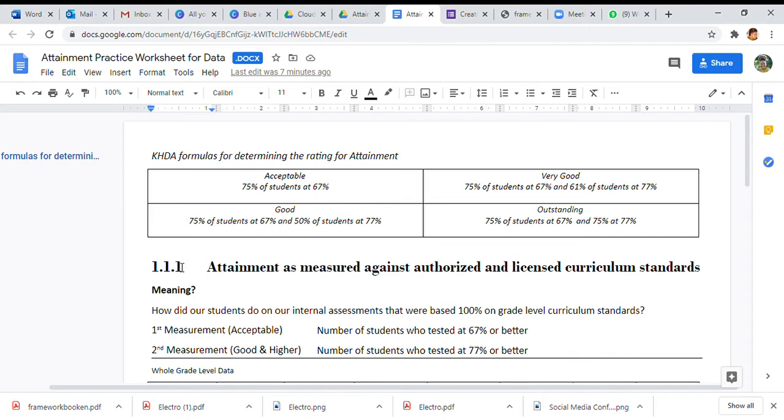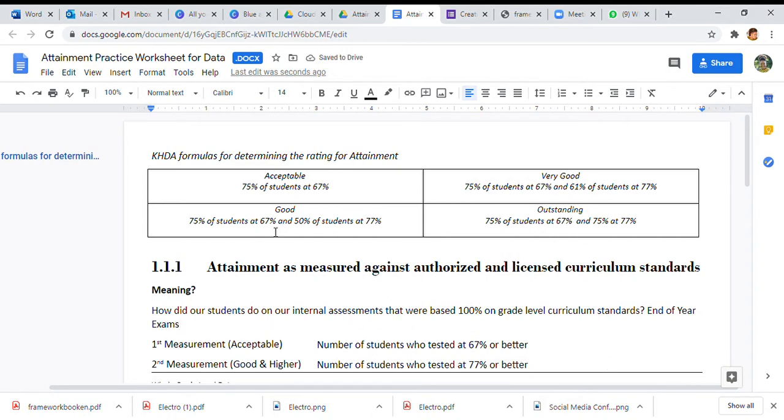It's not a fill in the blank test. It's not a true and false. It's not a matching. It is an actual exam that can be utilized against the curriculum standards. That's why the end of year is what is used.